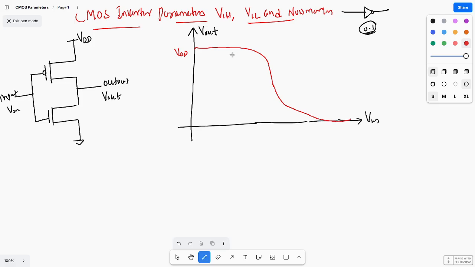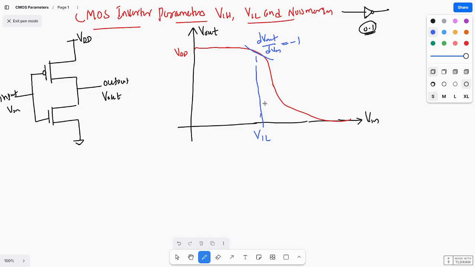From here I can say that this is the slope. Here dVout by dVin equals -1. This we call VIL, the input low voltage.